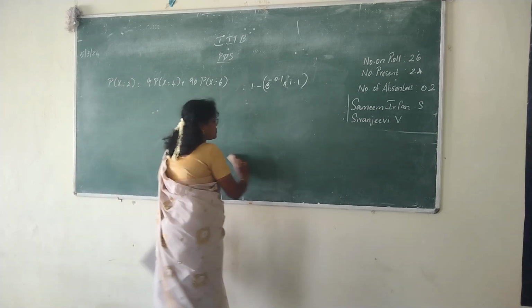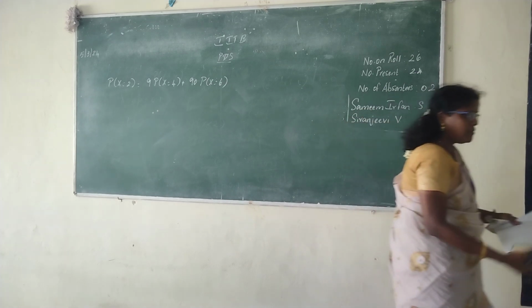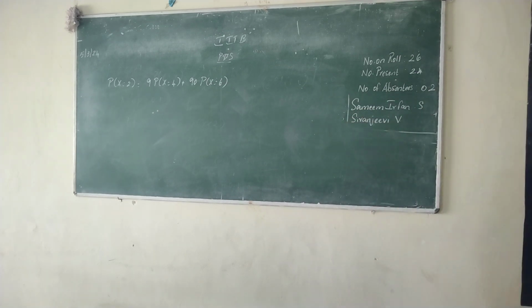You are given a relation. Find the mean and variance.